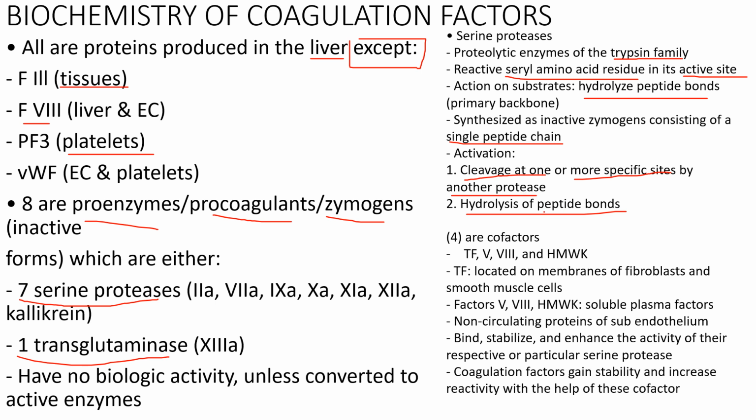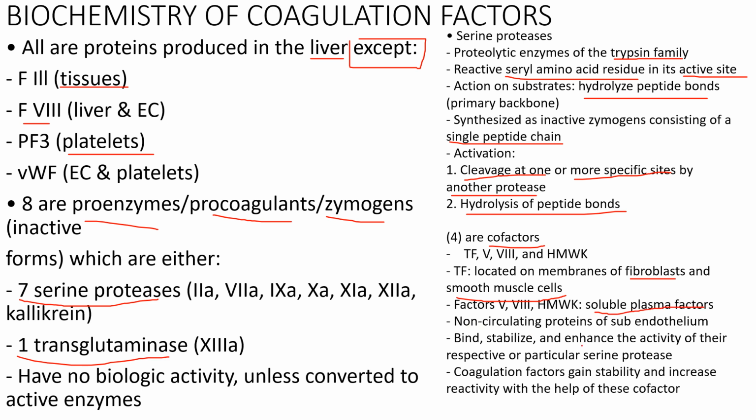Now, four of your coagulation factors are cofactors. Basically, they help or aid in the function. These are your tissue factor, factor 5, factor 8, and HMWK. Tissue factor is located on the membranes of your fibroblasts and smooth muscle cells, while factor 5, factor 8, and your high molecular weight kininogen are soluble plasma factors.